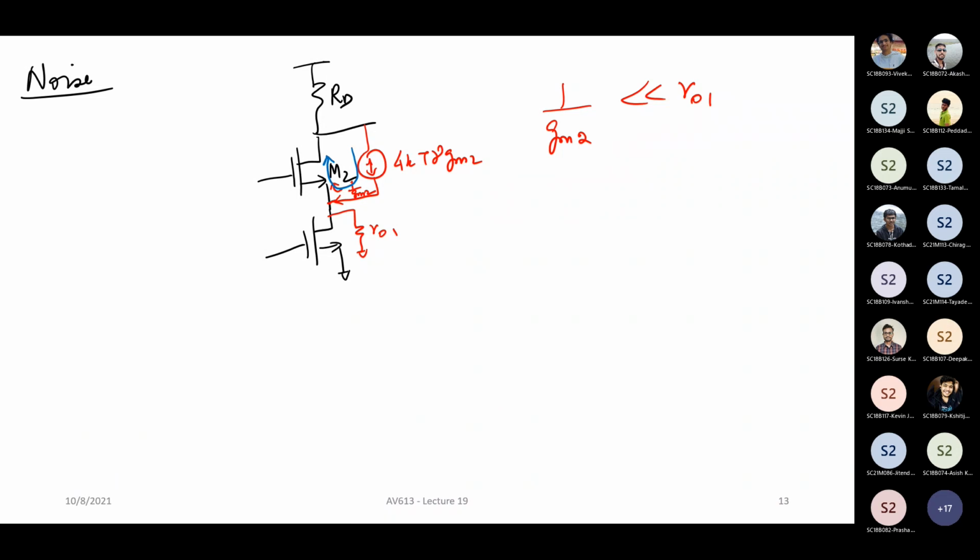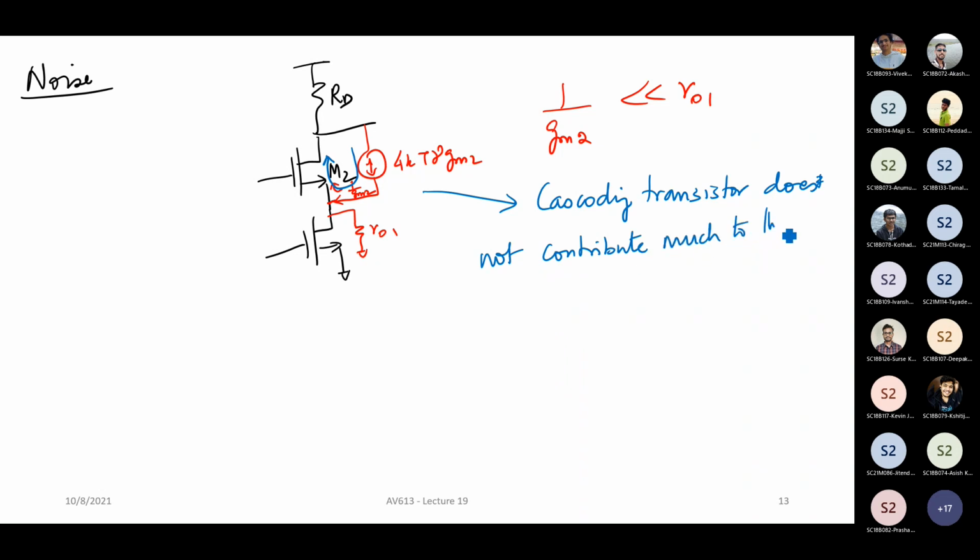So as a result, the cascoding transistor does not contribute much to the output noise, or for that matter, the input referred noise.